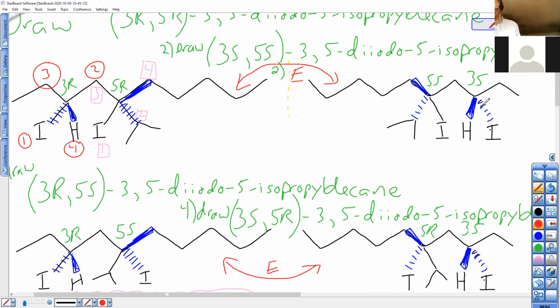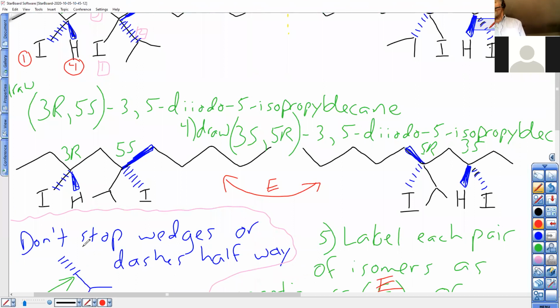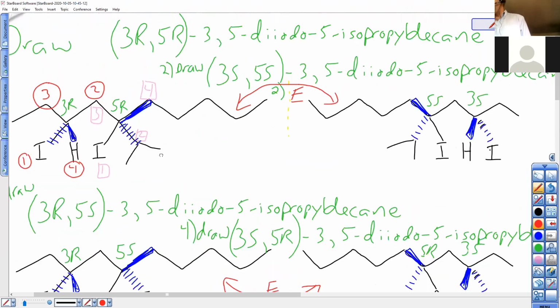Okay. It's like hands and feet. This is a one-handed guy and a one-footed guy. So say 3 is a hand and 5 is a foot. The mirror image of a right foot is a left foot, and the mirror image of a right hand is a left hand. And same down here, mirror image of a right foot is a left foot, and a mirror image of, I think you got the idea.